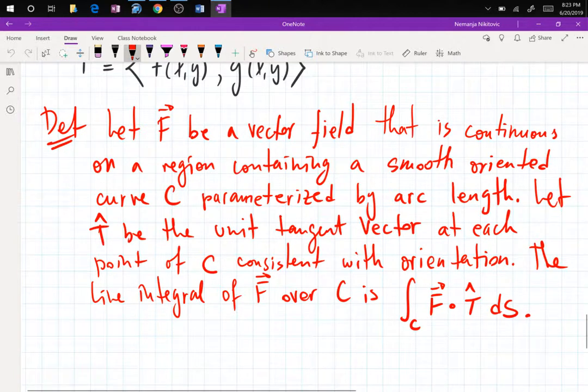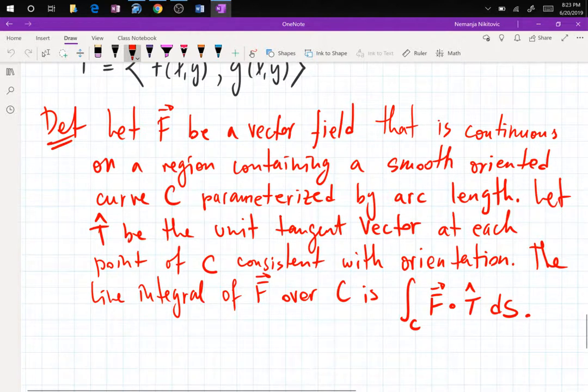Tangent vector, we already said that the formula for the unit tangent vector is r prime divided by the magnitude of r prime. Make sure it's a unit vector, that's why we have the hat. And then at each point of C, consistent with orientation, meaning that you can have T pointing inwards or pointing outwards, depending on which way the original orientation was.